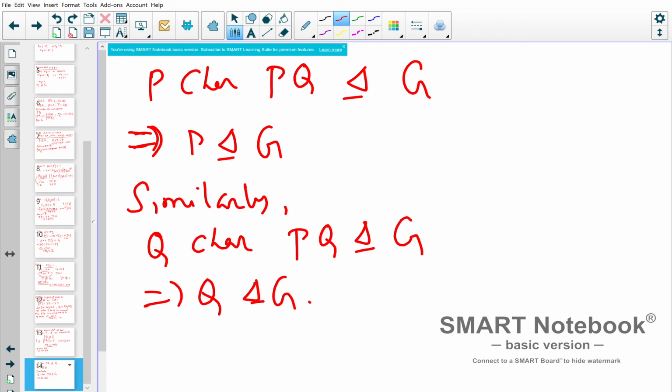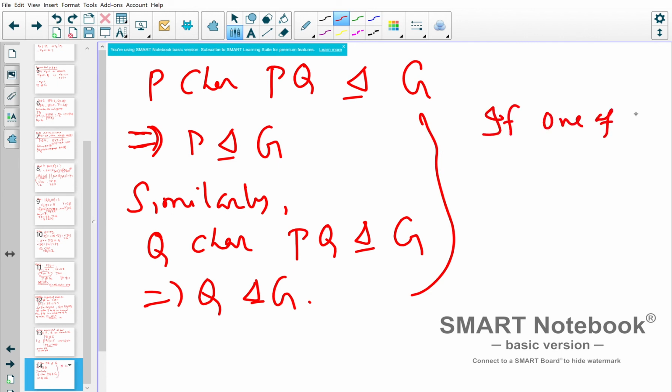In this case we get both P and Q are actually normal in G. So what we proved is that if one of P and Q is normal in G, then both are normal.